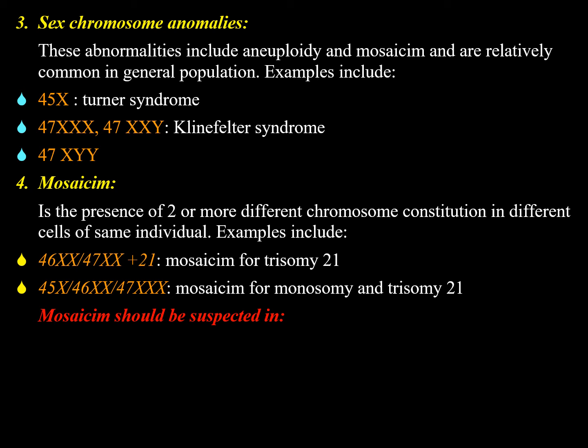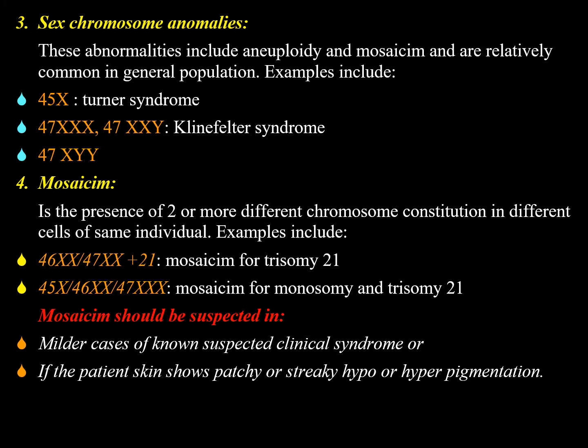Mosaicism. When should we suspect mosaicism? We should suspect it when there is a milder case of a suspected clinical syndrome. For example, we suspect or diagnose Down syndrome, but it has very mild features. The patient has very mild clinical manifestations of Down syndrome. The other is if the patient's skin shows patchy or streaky hypo or hyperpigmentation.